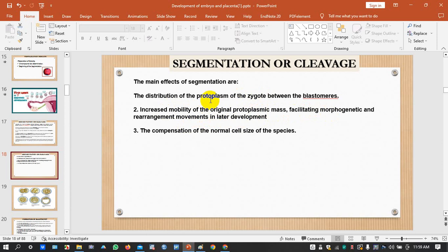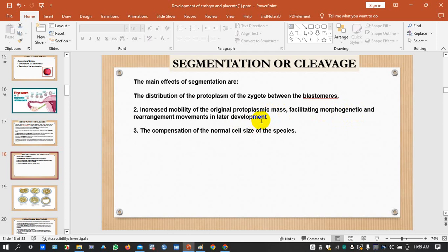So when the cells divide to the morula stage and the blastocyst stage, there is an increased mobility of the original protoplasmic mass. So this will facilitate genetic or morphological rearrangements.